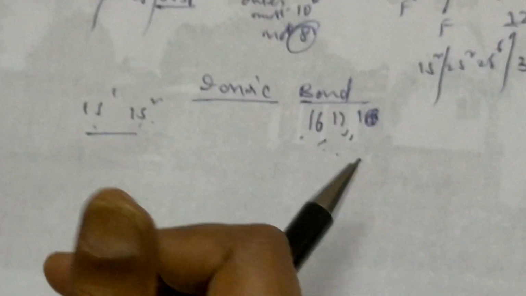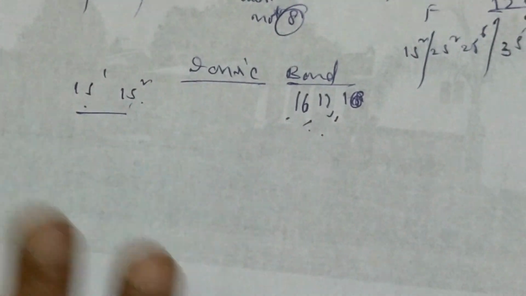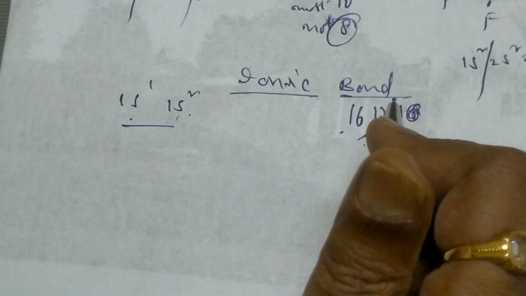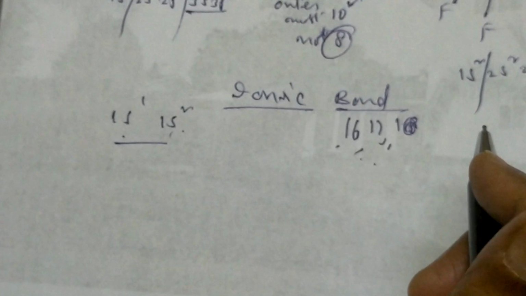And lattice enthalpy will be higher. Most of the ionic compounds are crystals. They are hard, they possess high melting point and high boiling point, and they dissolve in polar liquids.